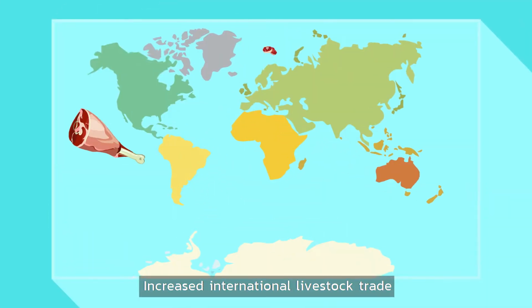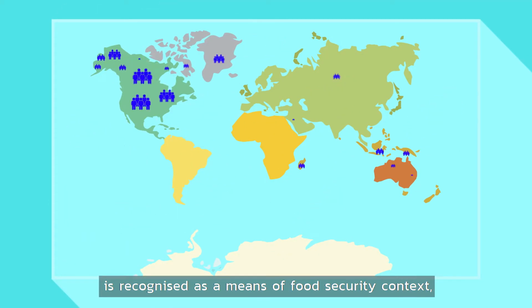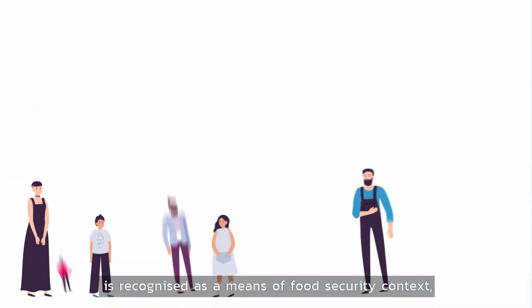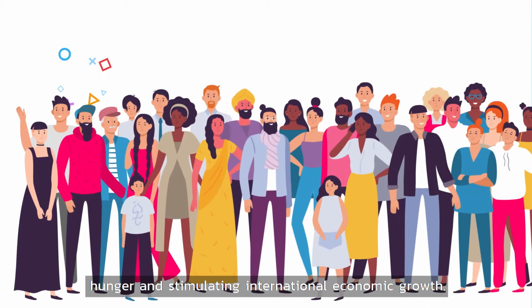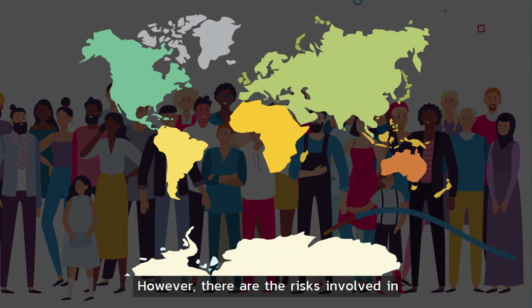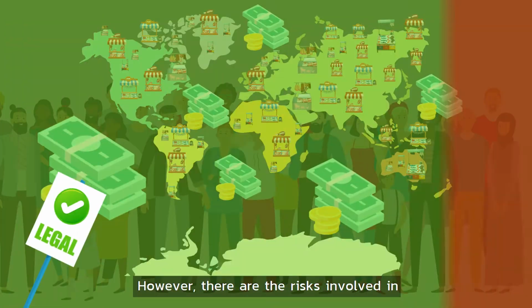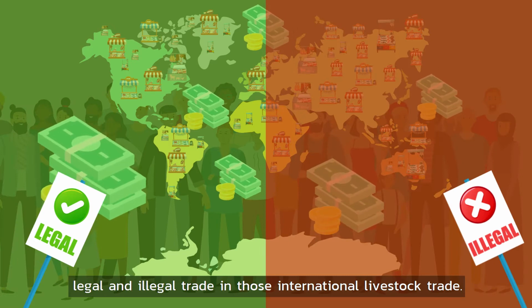Increased international livestock trade is recognized as a means of food security, alleviating poverty and hunger, and stimulating international economic growth. However, there are risks involved in legal and illegal international livestock trade.